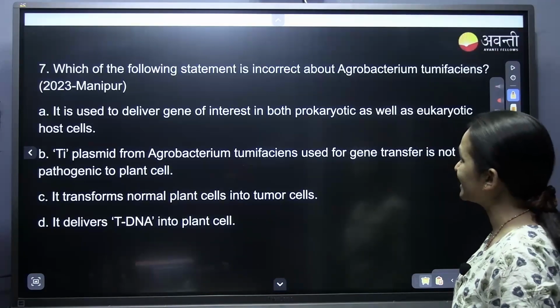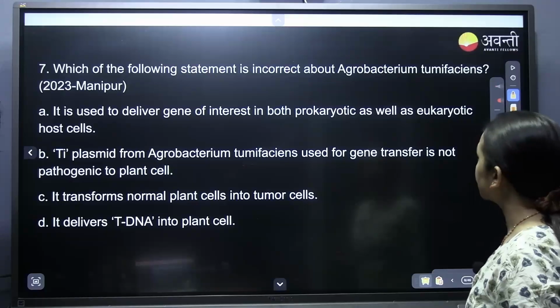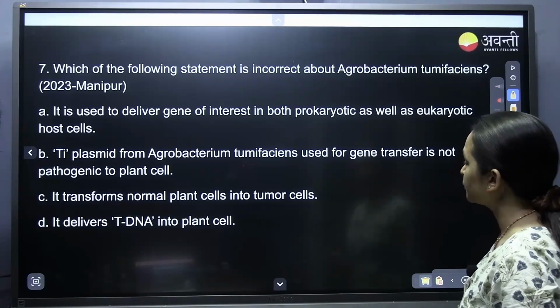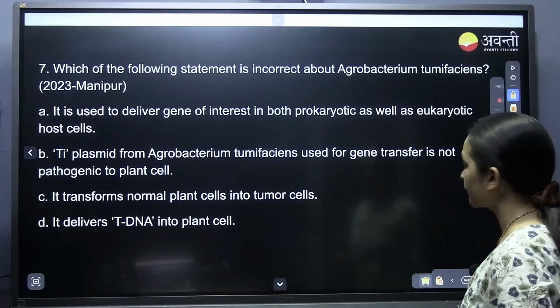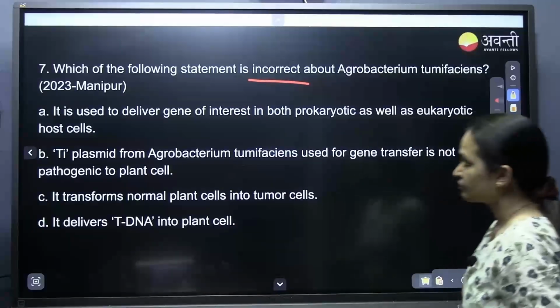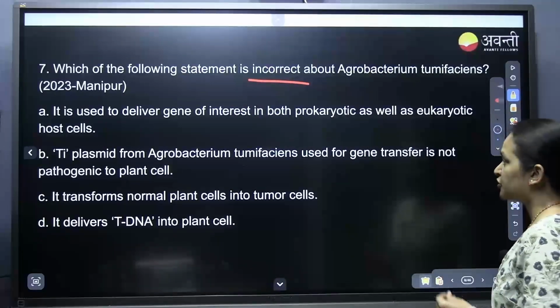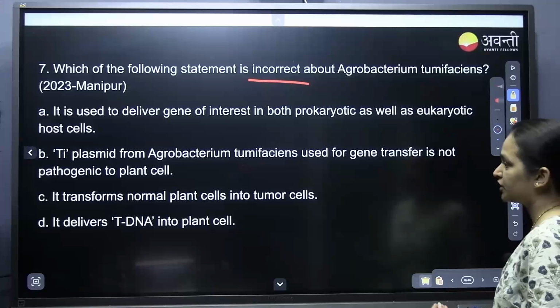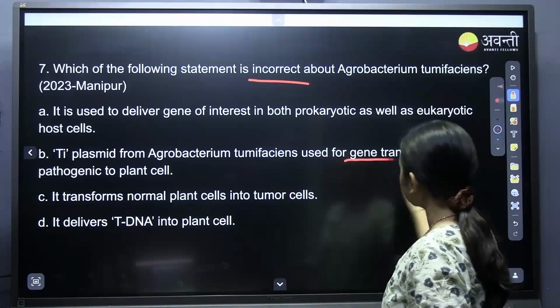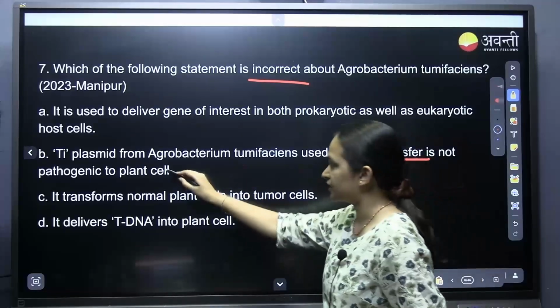Which of the following statements is incorrect about Agrobacterium tumefaciens? It is used to deliver gene of interest in both prokaryotic as well as eukaryotic host. We need to find the incorrect one. The Ti plasmid from Agrobacterium tumefaciens used for gene transfer is not pathogenic to plant cell. The Ti plasmid used in the gene transfer is not pathogenic to the plant cell, correct?